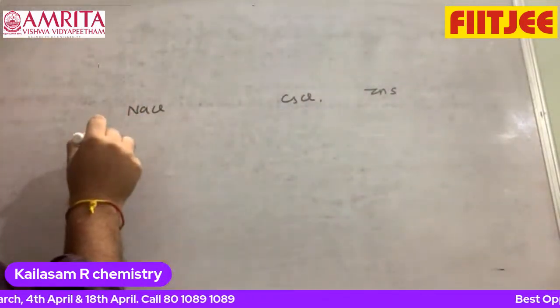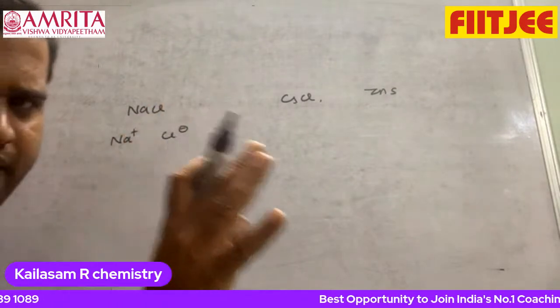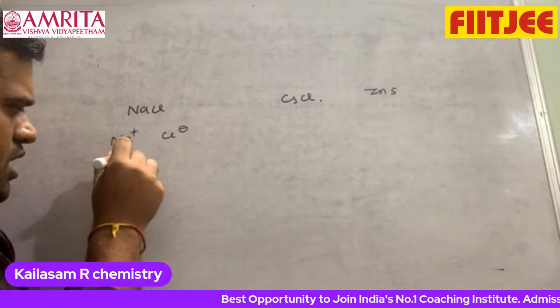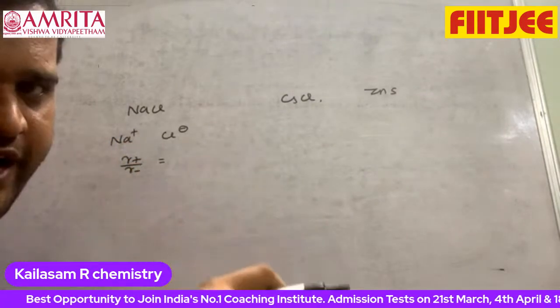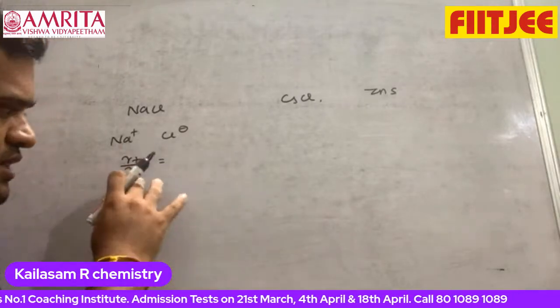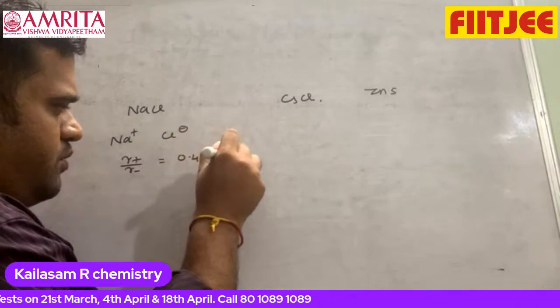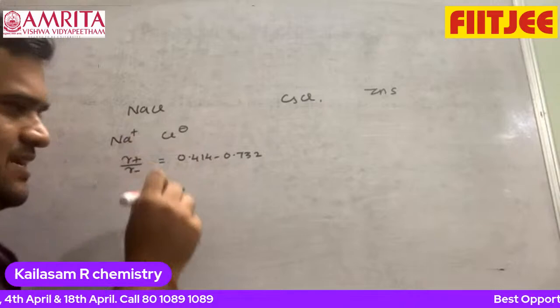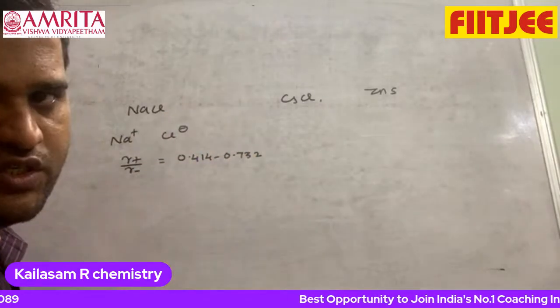Here they will say Na plus and Cl minus, as per the radius ratio rule. R plus by R minus, which means the radius of cation to radius of anion ratio, belongs to 0.414 to 0.732, which means that Na plus is going to occupy octahedral voids.